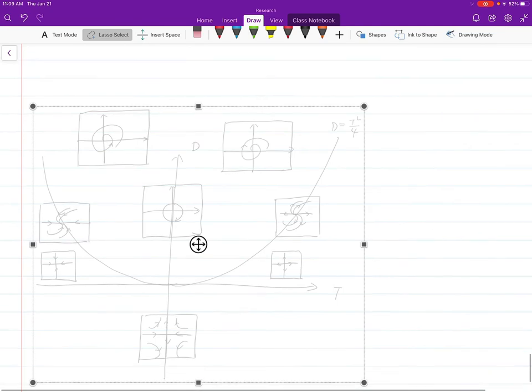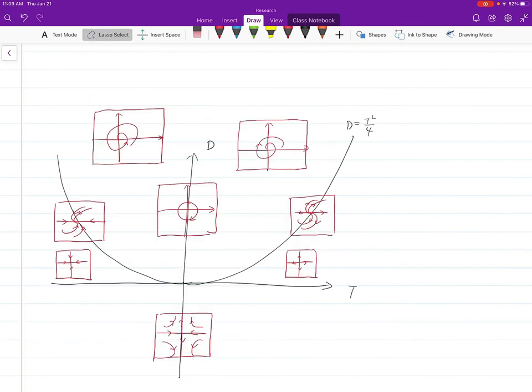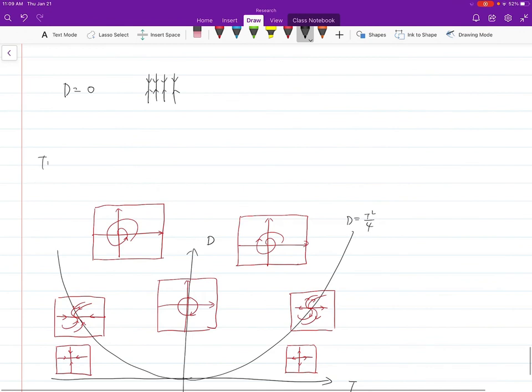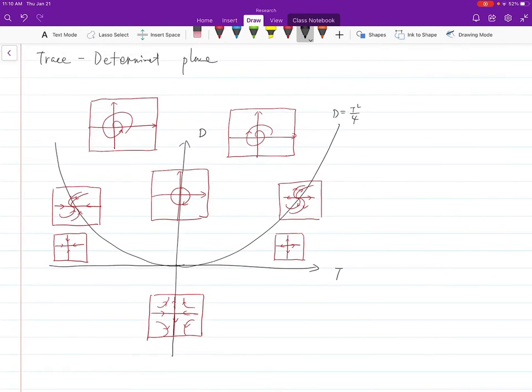So this is our final product. This, trace, determinant plane. That's this one big picture we just did, with all our knowledge.